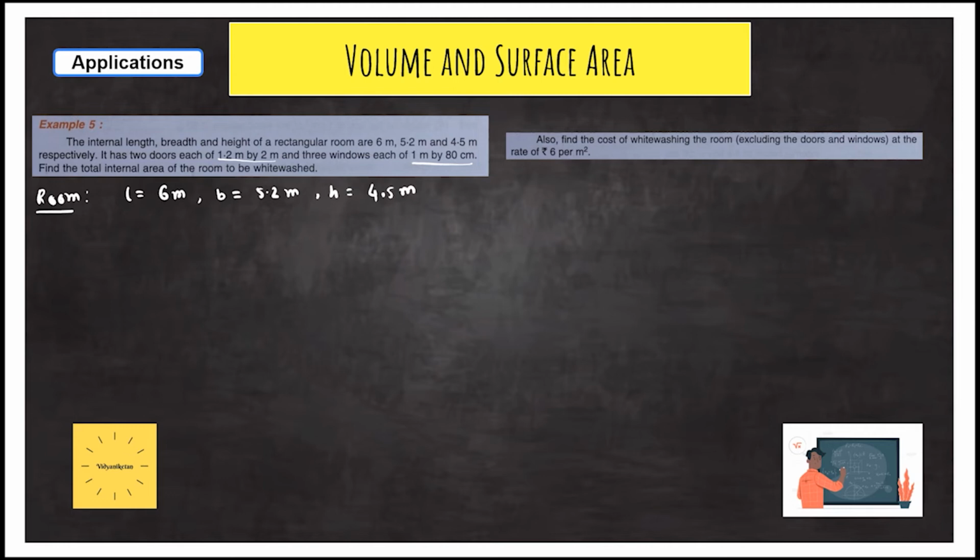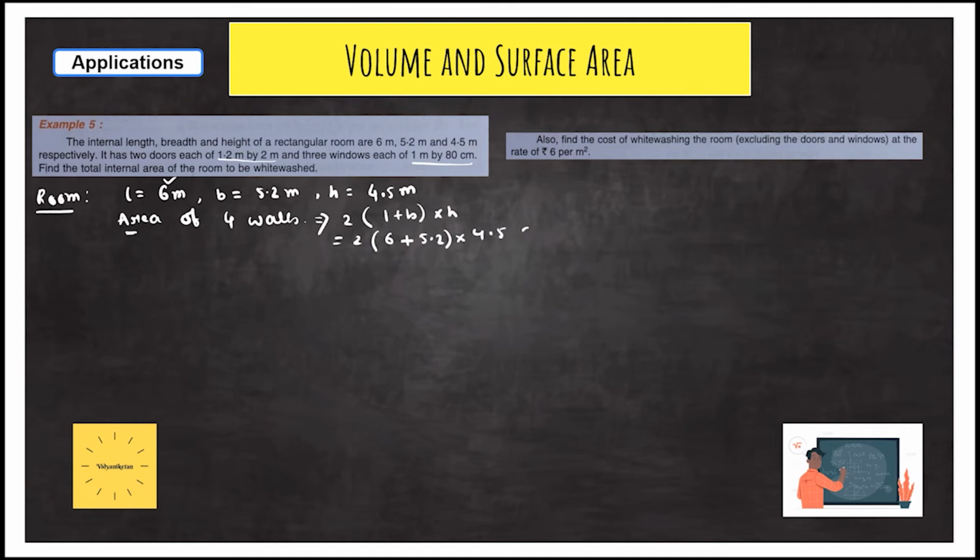Now area of 4 walls. The formula is 2 into (L plus B) into H. So we are getting 2 into (6 plus 5.2) into 4.5.